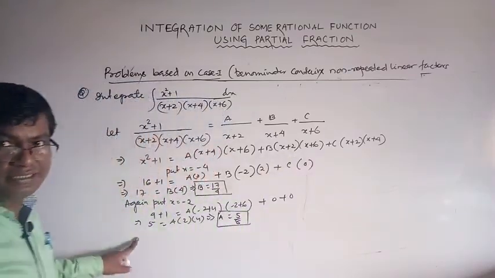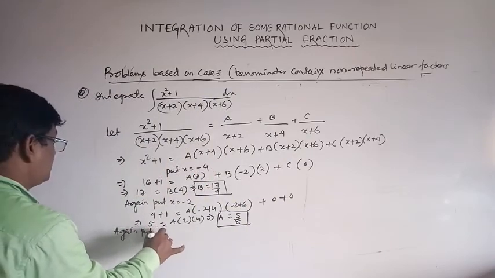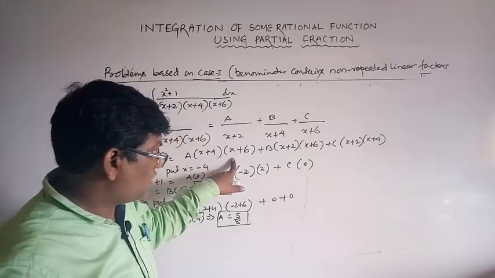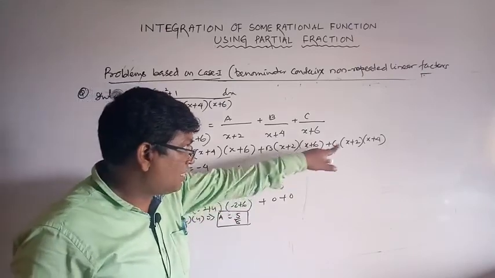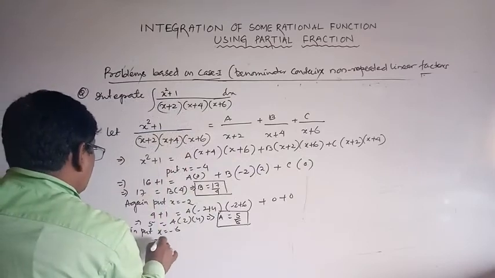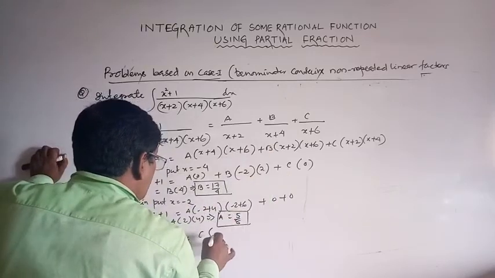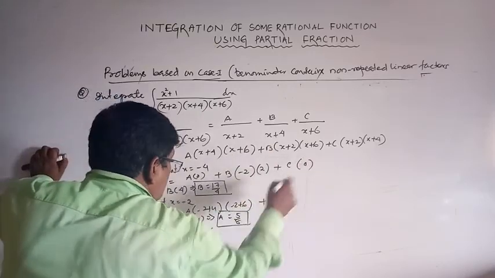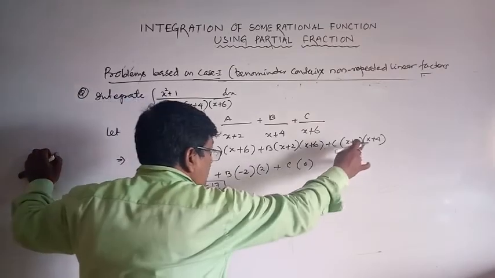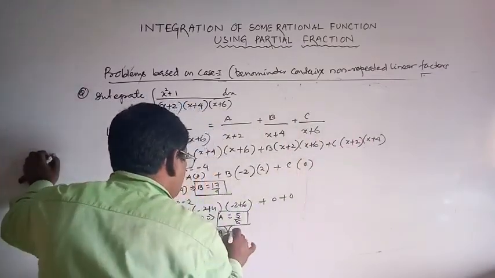So the A term is 0, the B term is 0, the third term remains, that is minus 6 squared, 36 plus 1, equals C into (minus 6 plus 2, minus 4)(minus 6 plus 4, minus 2).